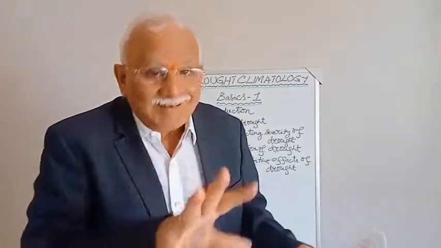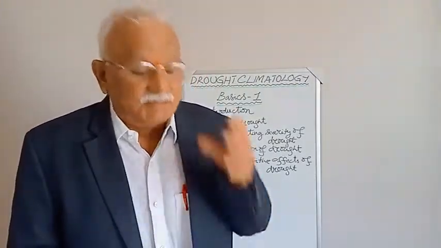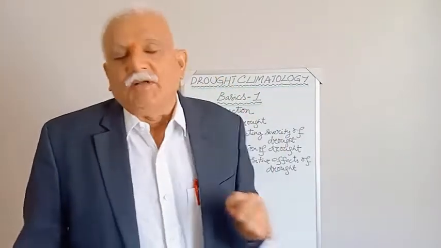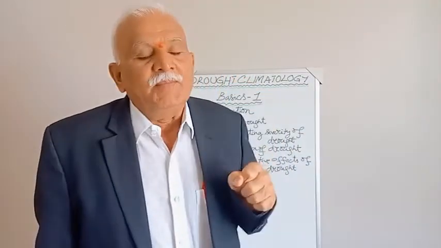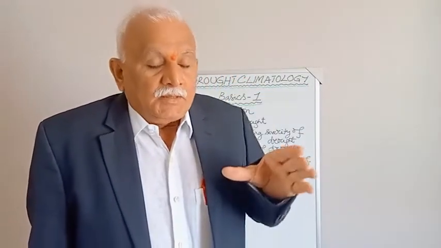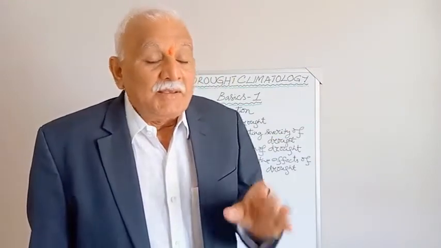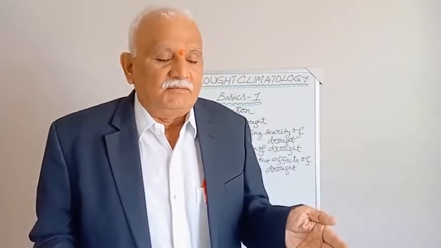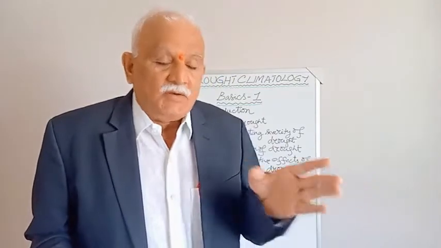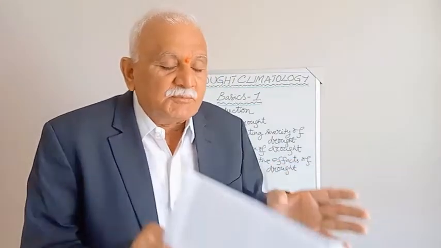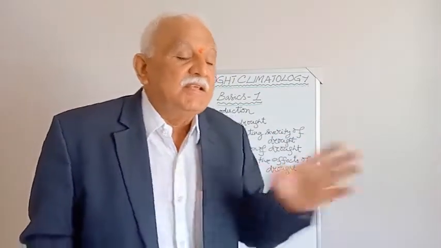So the classification of droughts in general. See, first, meteorological drought. Number one is the meteorological drought. What is meteorological drought? In a region, the climatologically expected normal rainfall deviates.